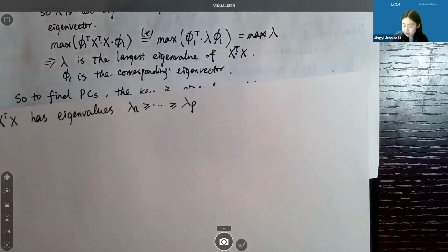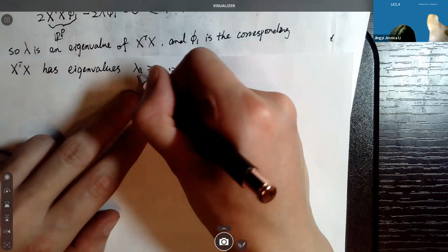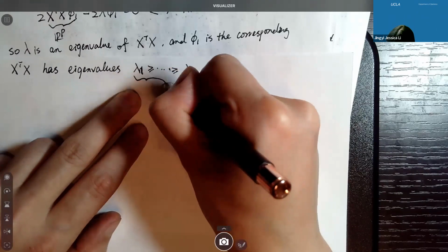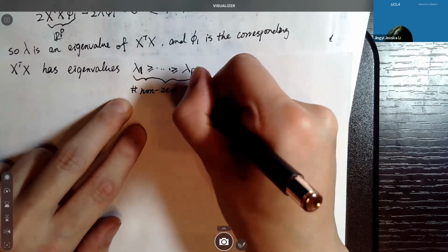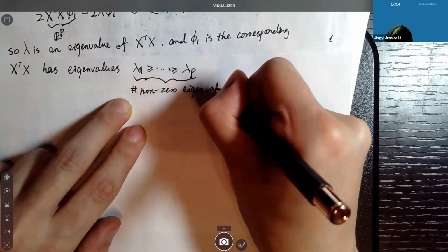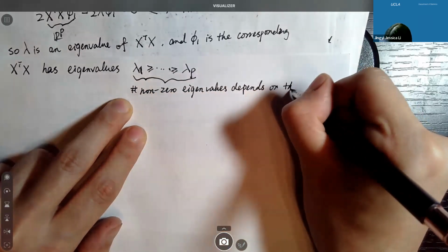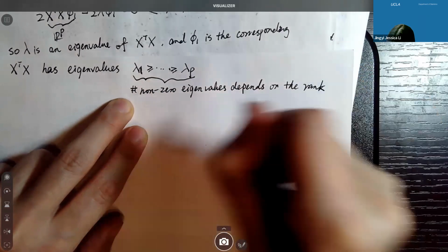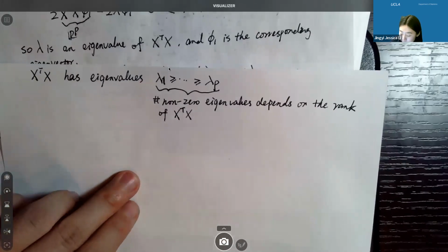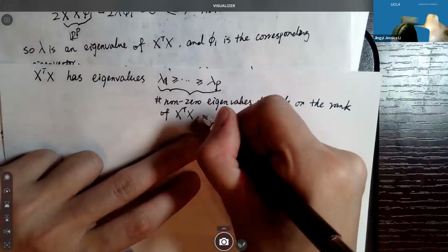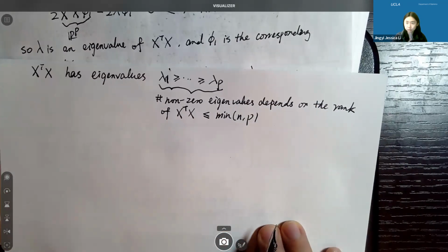It's possible that some of the later lambdas may be 0. The number of non-zero eigenvalues depends on the rank of X transpose X. This matrix may not be full rank, and this rank cannot be greater than the minimum of N and P, the two dimensions of the original matrix.